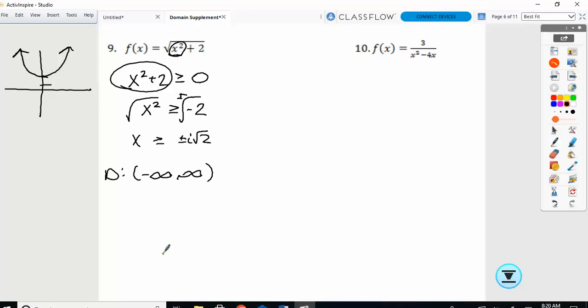Right. Number 10. What do I do? Solve. Right, we know the bottom cannot be 0. So to figure out what makes this 0, we can factor. We could take out an x.